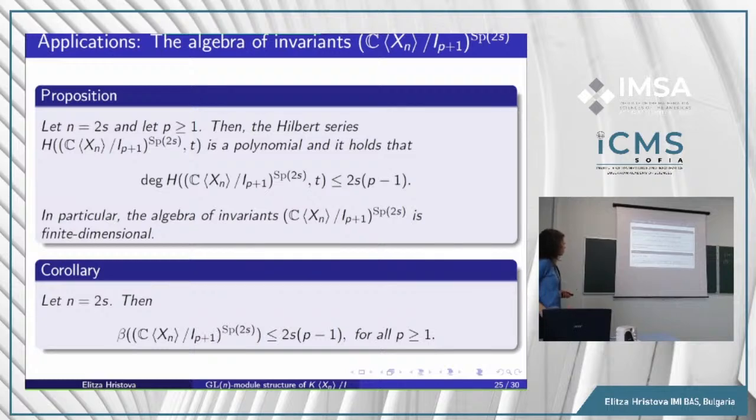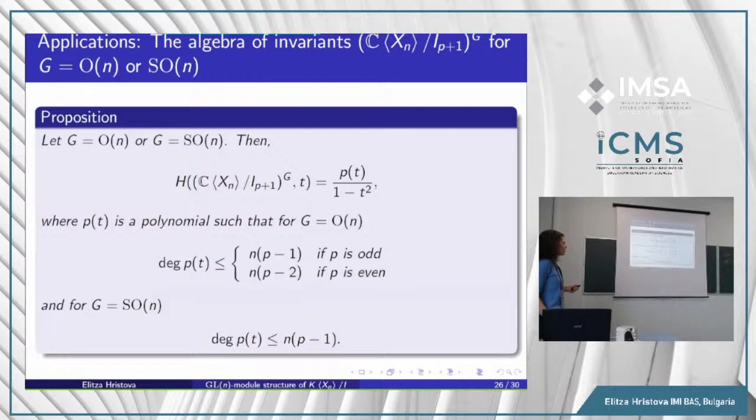And also, as an immediate corollary, we get a bound on the maximal degree of any homogeneous element of this algebra of invariants. Then in the cases of SON and ON, the Hilbert series is a rational function, and we get again a simple denominator and some polynomial in the numerator, which we don't know how it looks, but we can bound the degree of this polynomial.